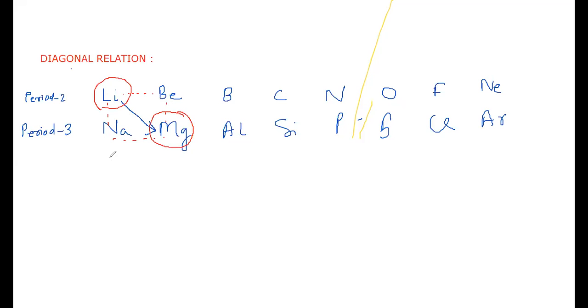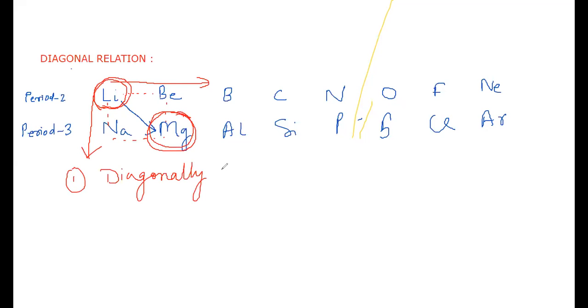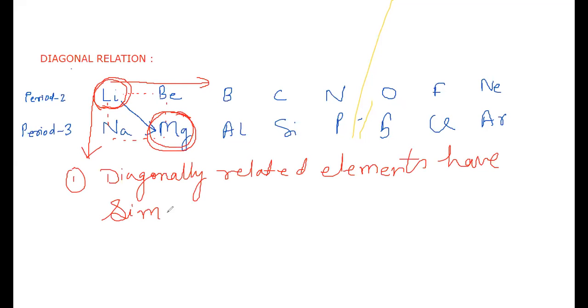Yes, sir. So as a result, what happens? Whatever decrease in the atomic radius takes place, that much increase takes place downward. As a result, the atomic radius of lithium and magnesium becomes similar. So first point: diagonally related elements have similar atomic size.